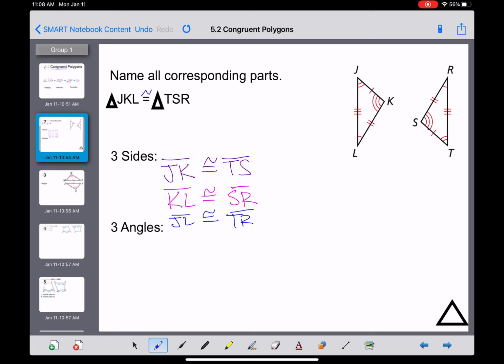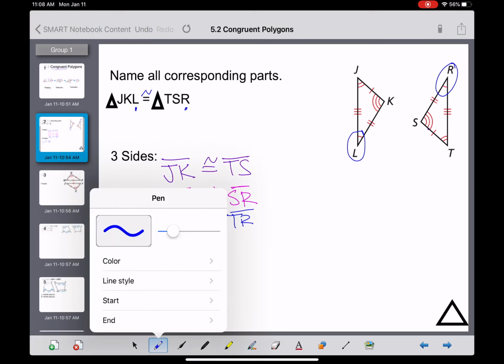All right, so one arc is L. R also has one arc. Therefore, angle L is congruent to angle R. I can use my statement because L and R are in the third position.